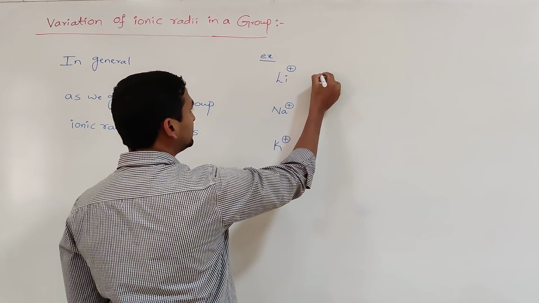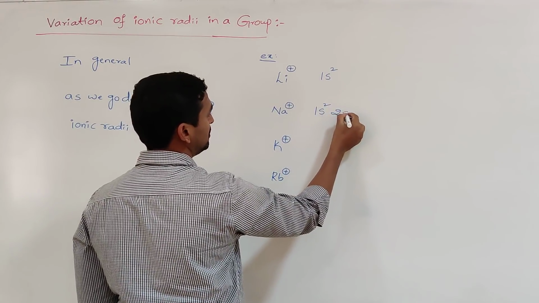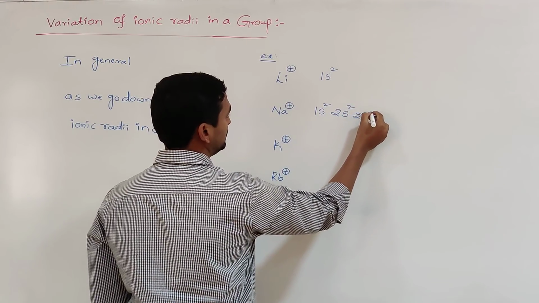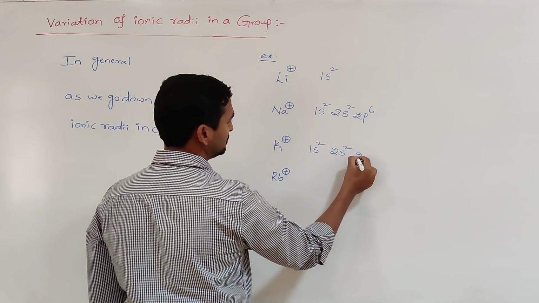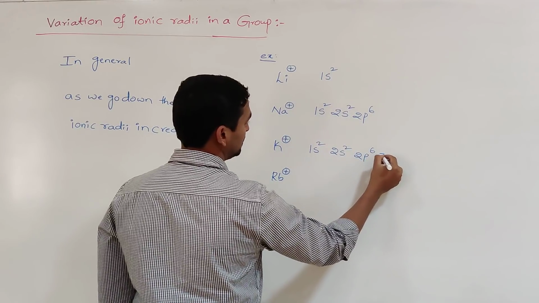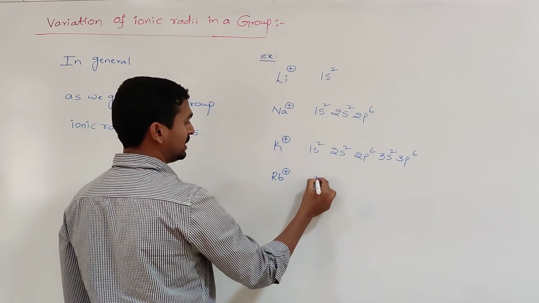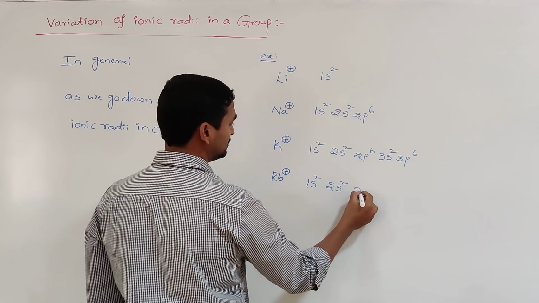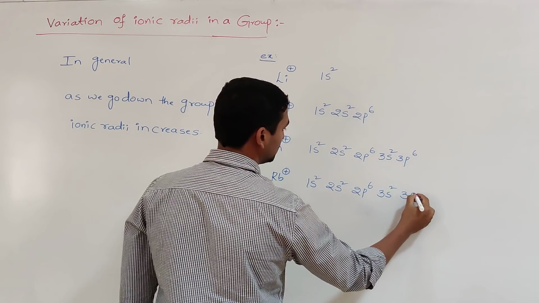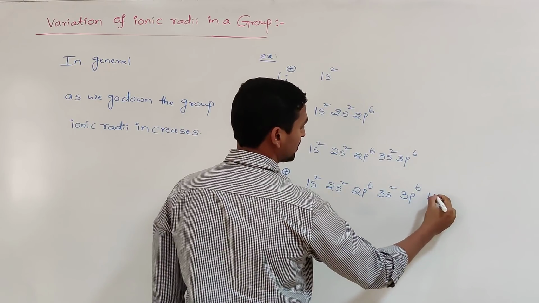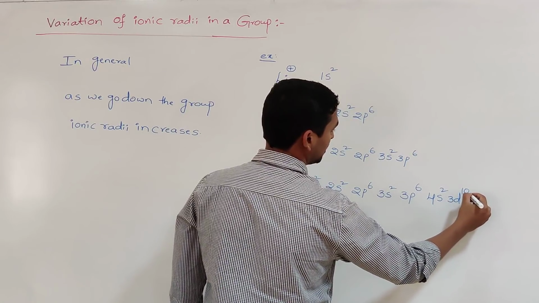Then what is the configuration we get here? Here 1s2; here 1s2, 2s2, 2p6; here 1s2, 2s2, 2p6, 3s2, 3p6; and here 1s2, 2s2, 2p6, 3s2, 3p6, 4s2, 3d10, 4p6.